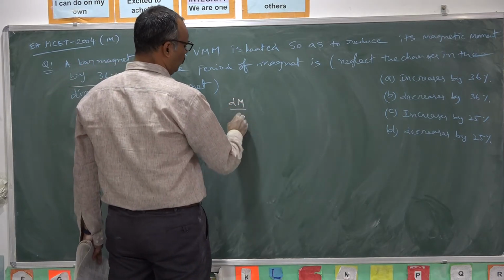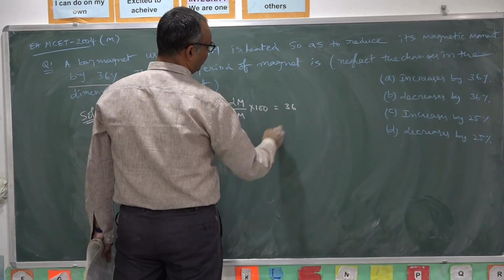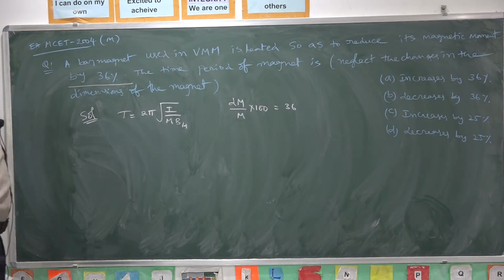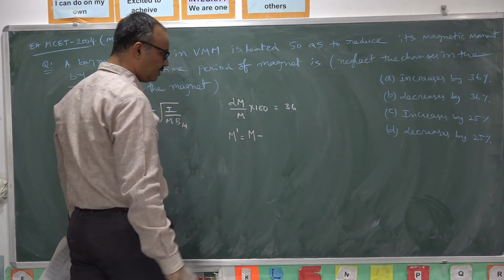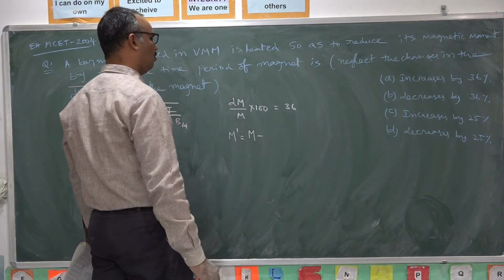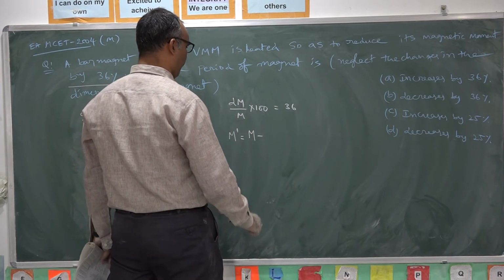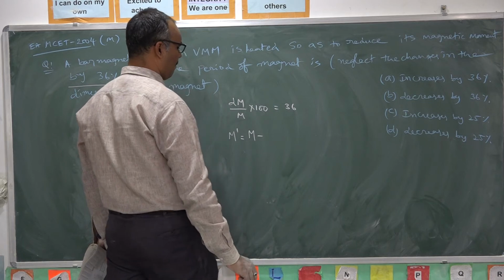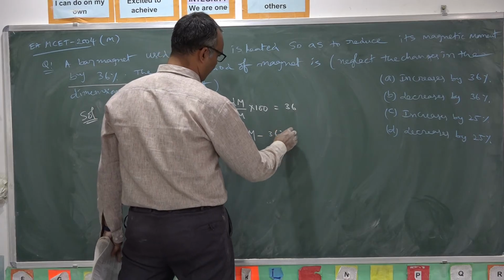Change in magnetic moment by original magnetic moment into 100 is 36. So new magnetic moment is old magnetic moment minus 36% of M.